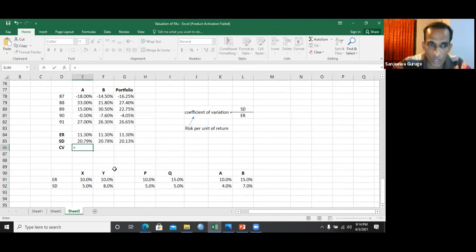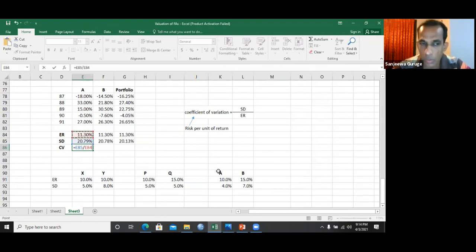What is the coefficient of variation for asset A? 20.79 divided by 11.3. It measures the risk that we have to take to earn 1 unit of return.